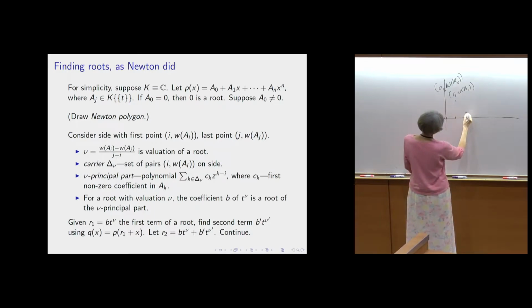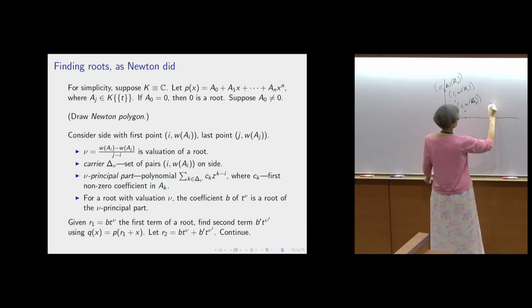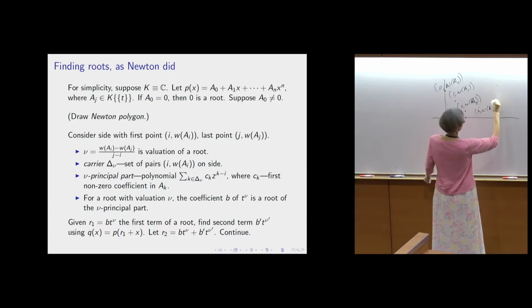Then maybe another one here: 2 and the valuation of A2. Then maybe I'll go up somewhere: 3 and the valuation of A3. Then maybe up like this. That's not 4, I guess. So 4.